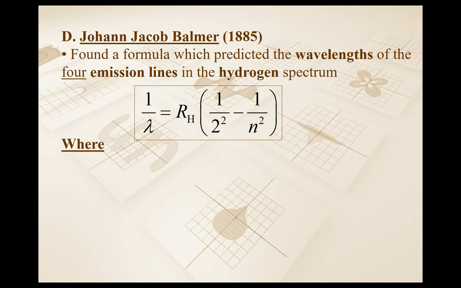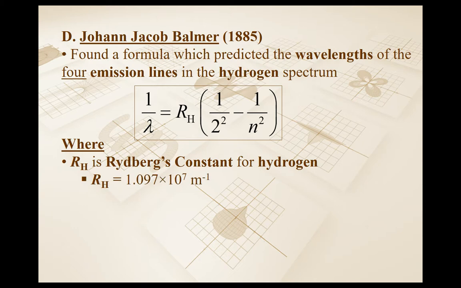All right, so my equation is 1 over lambda is equal to RH multiplied by 1 over 2 squared minus 1 over n squared. In this equation, RH is referred to as Rydberg's constant. This is only going to be valid for hydrogen, and for hydrogen it has a value of 1.097 times 10 to the 7 inverse meters.